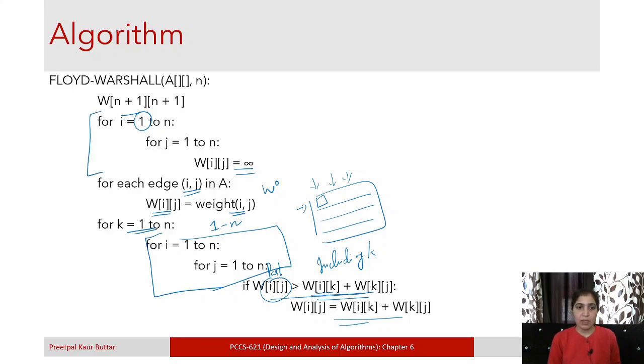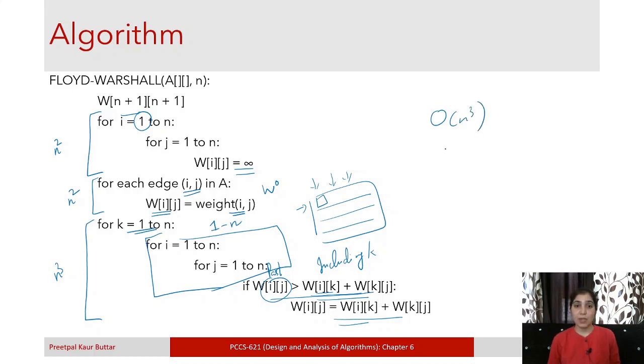Here this is the loop which is running n square number of times, and here also we are looking at edges, and if it is in the form of an adjacency matrix, you have to look at n square number of cells, and here we have 3 loops, each of them running n times, so overall it will take time of order n cube.